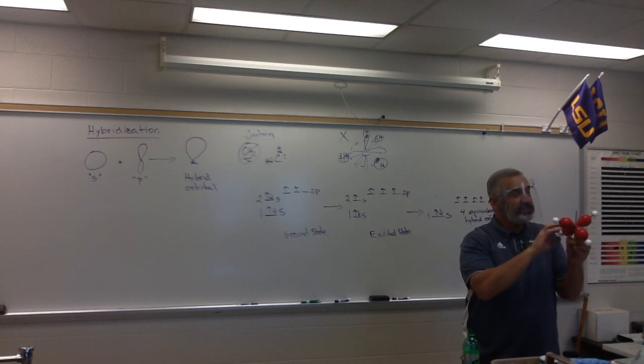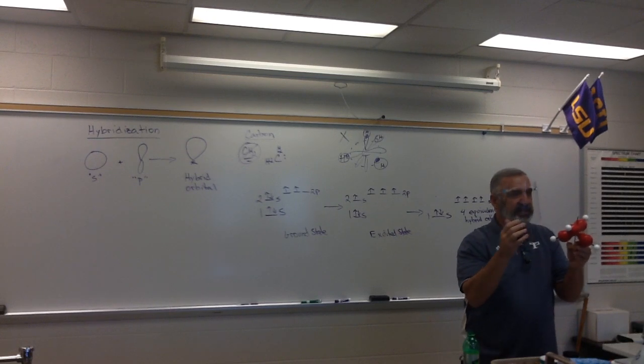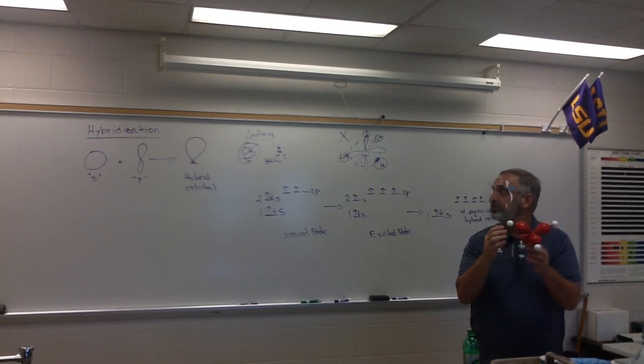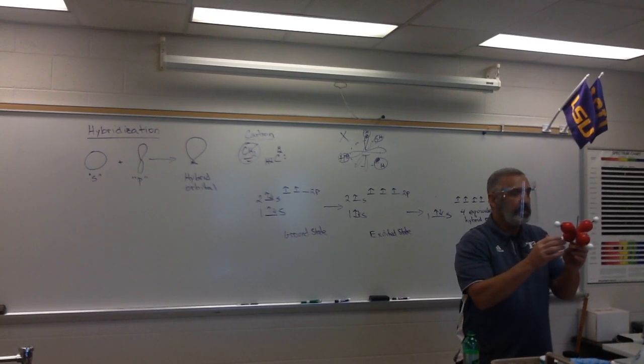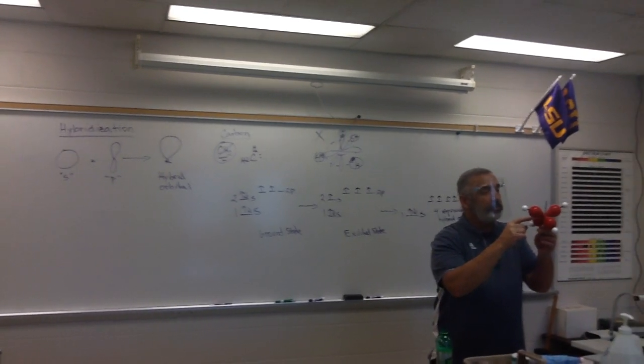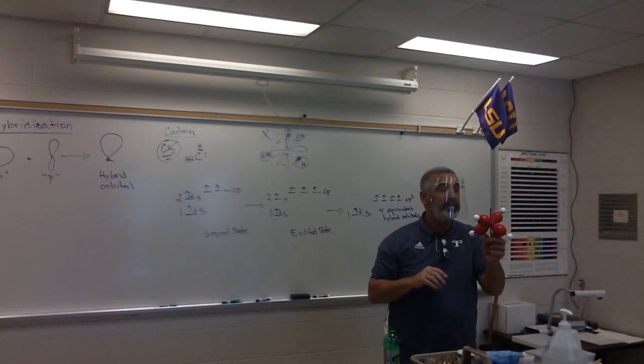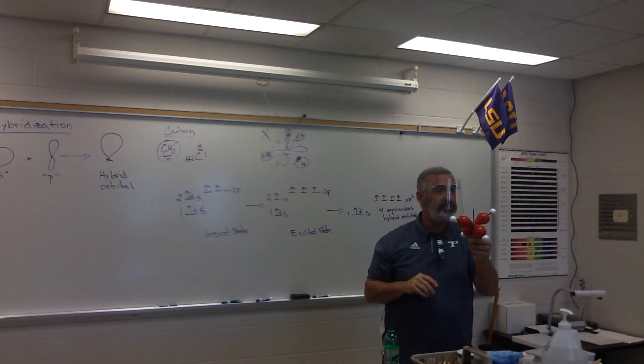We're going to have to do 2 things hand in hand here. We're going to talk about the type of hybridization, but then we're going to talk about the shape as well. Because hybrid orbitals are always going to try to repel and get the maximum distance apart. And in this particular shape, it's the maximum distance apart. This shape is called a tetrahedron.